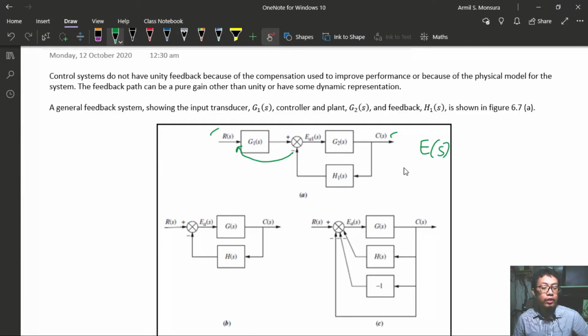Pero we will work under the assumption that C, yung output ninyo, at saka yung input ninyo, R(s), are essentially the same quantity. Okay, and therefore they possess the same units, or dimensions. Okay? So, yun yung una natin gagawin.